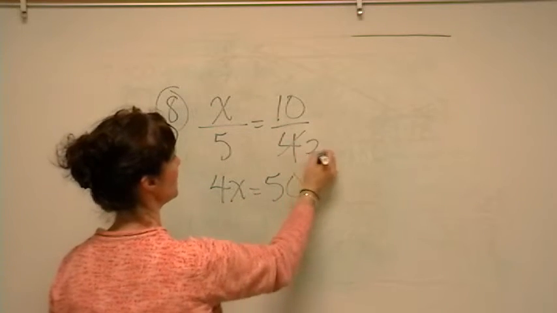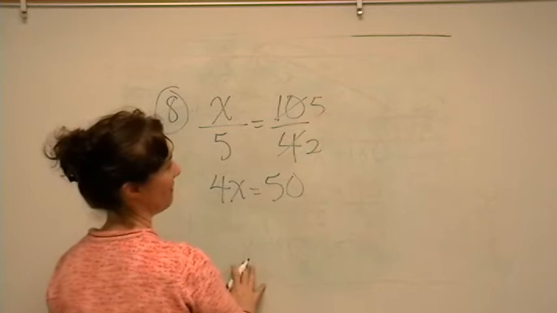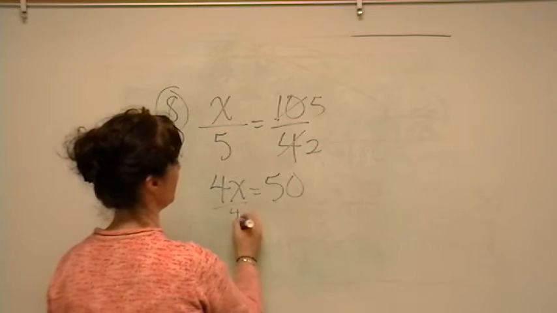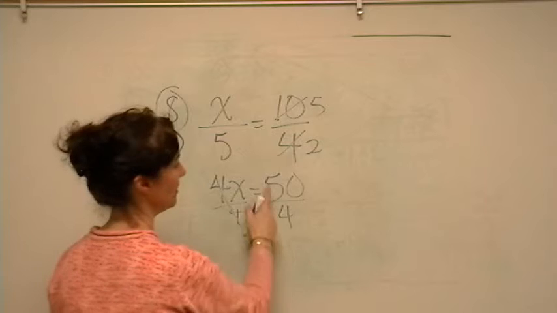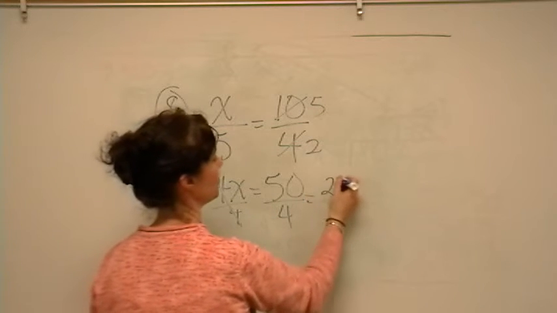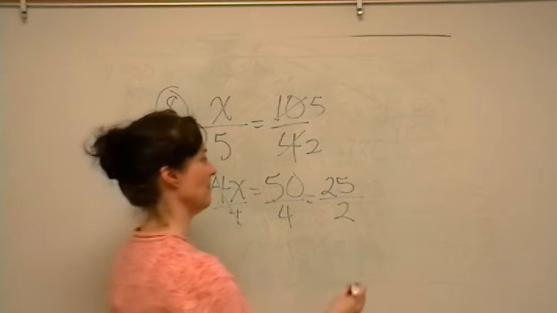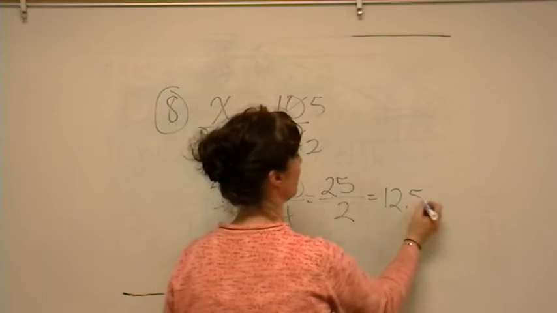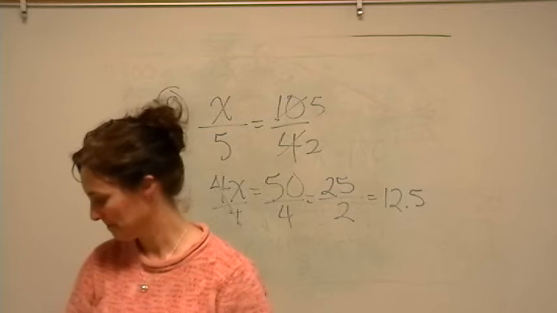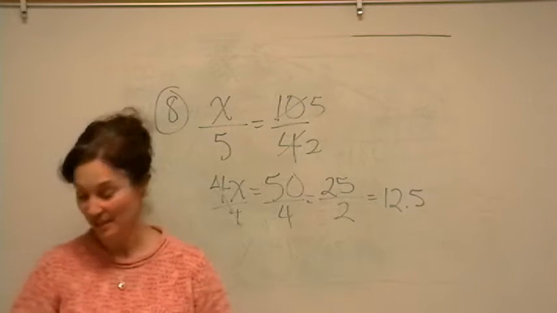Or you could reduce this and you got 5 halves and you'd get 25, but you're still going to wind up with the same thing because you've got 50 over 4, which is the same thing as 25 halves. Of course, if you're using the calculator, you're going to come up with 12.5. I'm tempted to say questions. Anybody have questions?